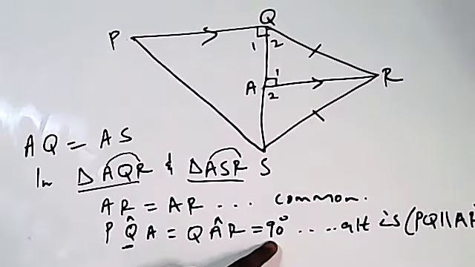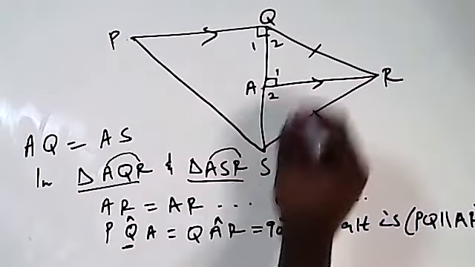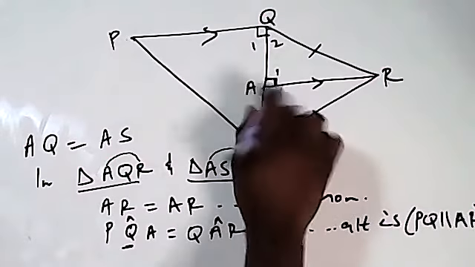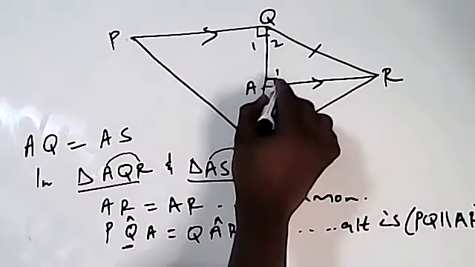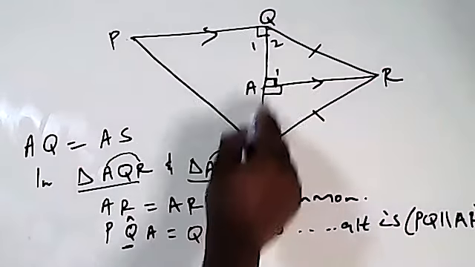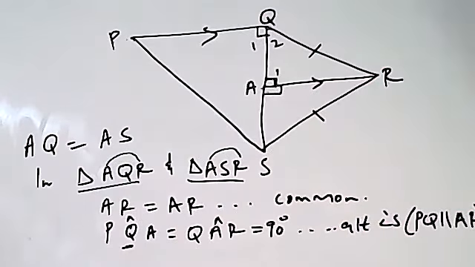Every time you prove 90 degrees in one of your statements, you already know the reason for your congruence is going to be right angle, hypotenuse, side. The hypotenuse is the side opposite 90 degrees. If this is 90, do you agree that this will also be 90? Yes, because it's angles on a straight line and they should add up to 180.